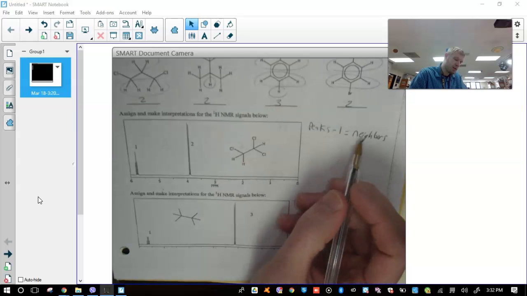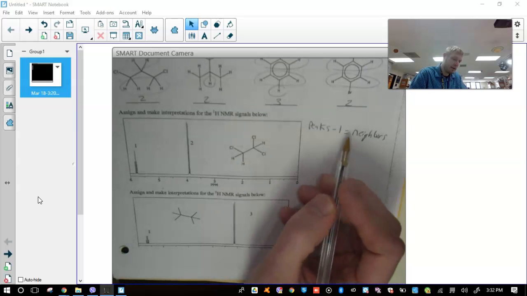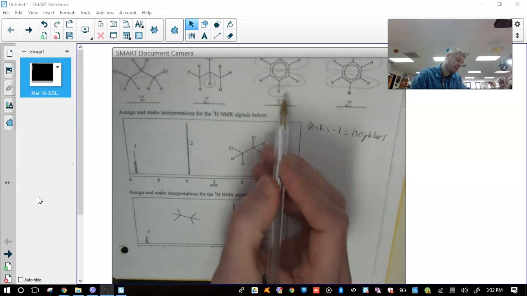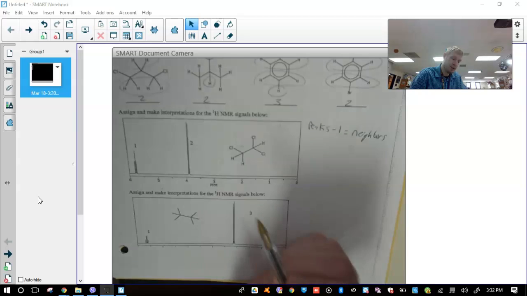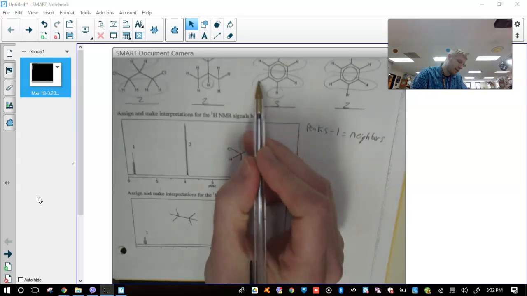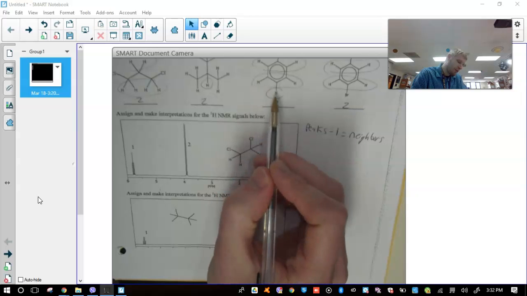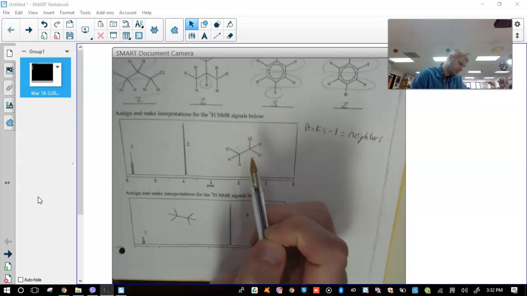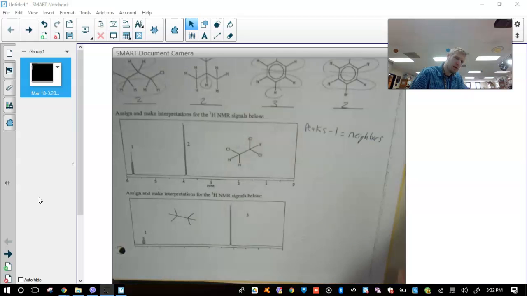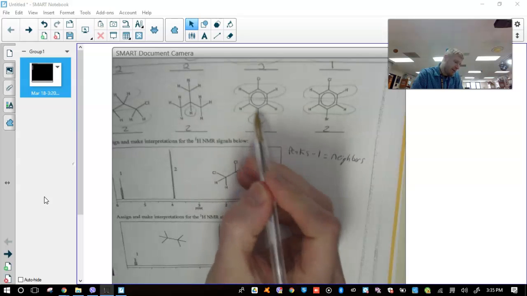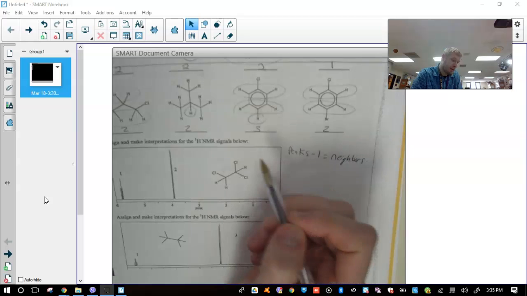So you could reverse this and say neighbors plus 1 equals peaks. So if you have 2 neighbors, that's really going to be a triplet. This is going to have 1, 2. So this is going to have 2 neighbors, so it's going to be a triplet, whereas this one's going to have 2 neighbors, so it's going to be a triplet.